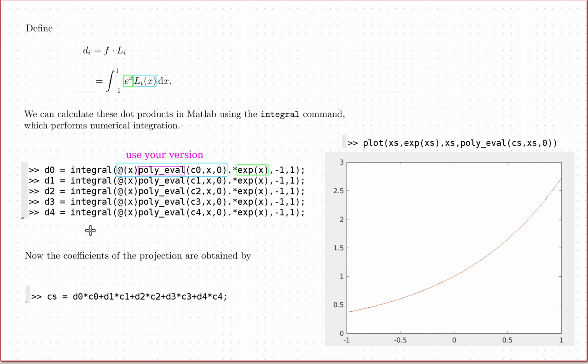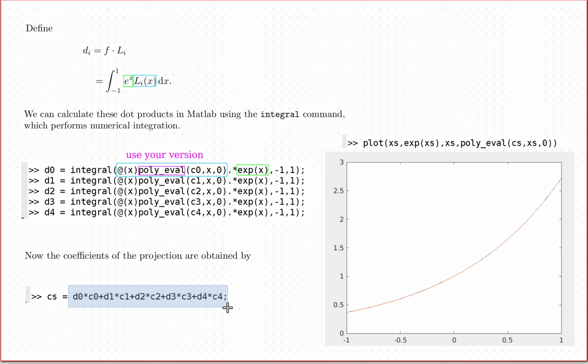Now, next thing to do is to assemble all the projections into a single polynomial. So what I'm doing is I'm taking the dot product times c0. This basically corresponds to the dot product times the L0 polynomial, just represented by its coefficients, and then I add that with the dot product times C1, right, the coefficients for the L1 polynomial, and so on.